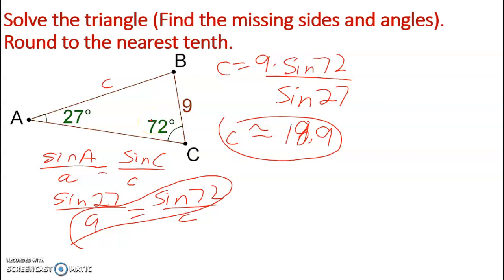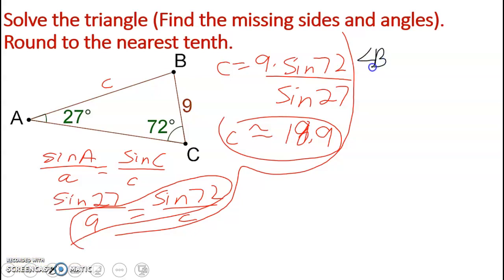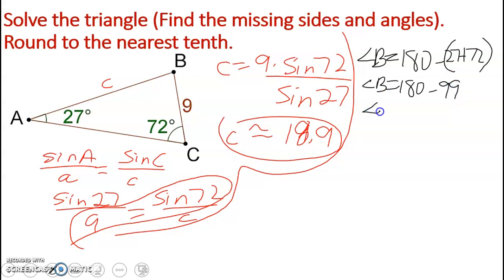So angle B is going to be 180 minus the sum of 27 plus 72, which is 180 minus 99. So angle B is equal to 81.